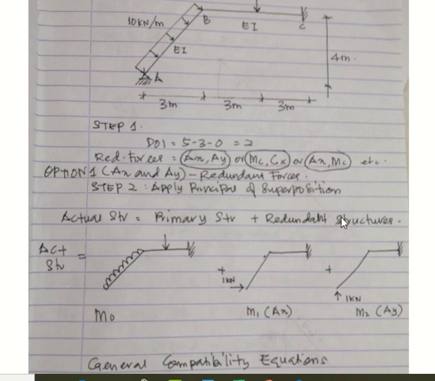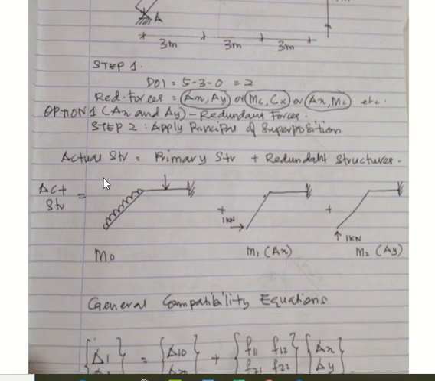Redundant structures here, they have 2 structures because we have a 2 DOI. The principle of superposition means actual structure equal to primary structure plus redundant number 1 plus redundant number 2. Now, please bear in mind, actual structure is an indeterminate structure.